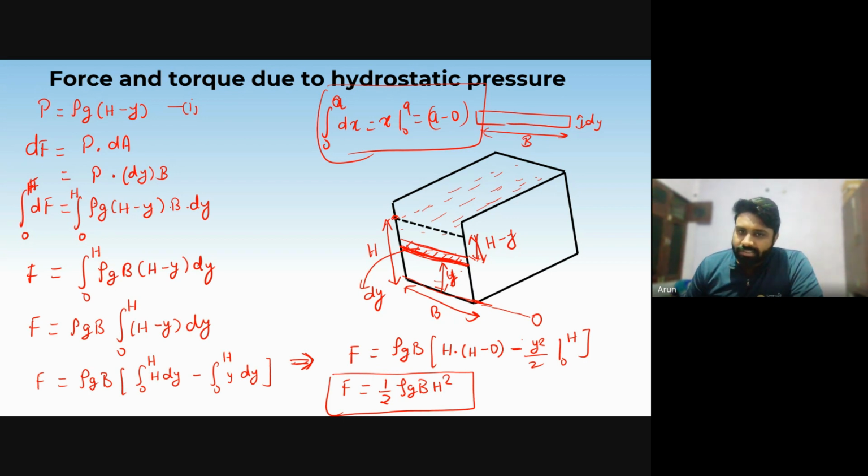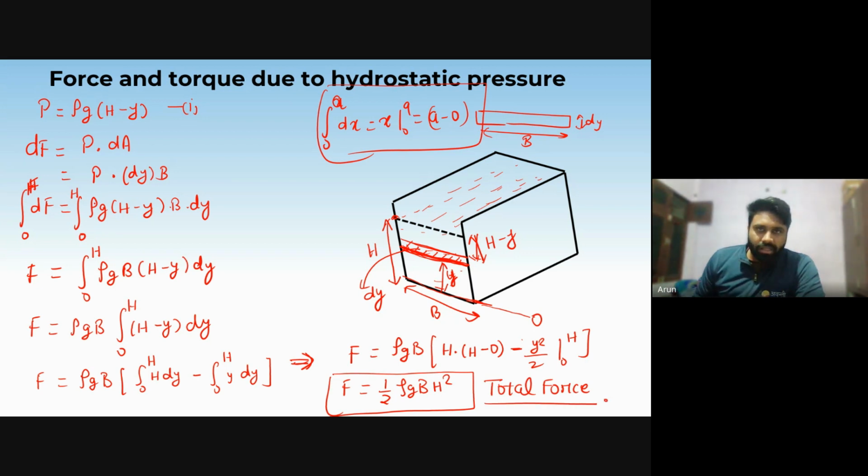So rho g b h square minus rho g b h square by 2. 1 minus half will become half. So F is equal to half of rho g b h square. This is the total force that is acting on the wall of the dam.